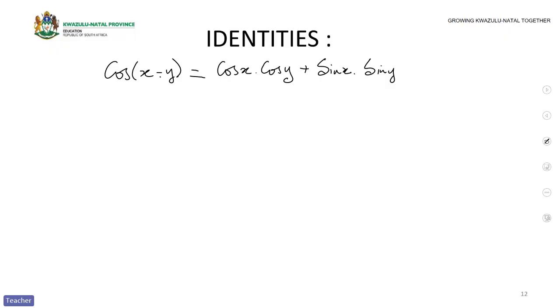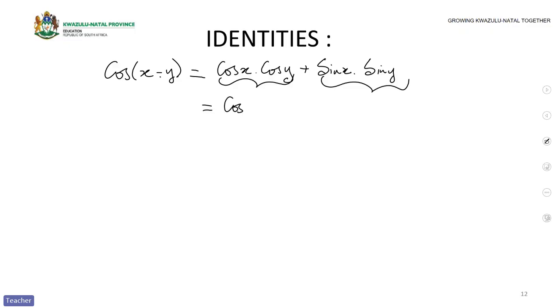What else do we need to take note of here, learners? We must remember that this one is one term because of multiplication. Also, this one is one term because of multiplication. Hence, the commutative property, it doesn't matter. What do I mean by that?